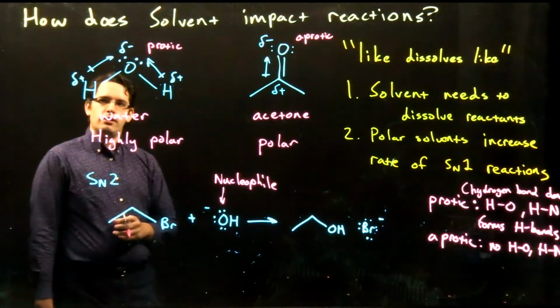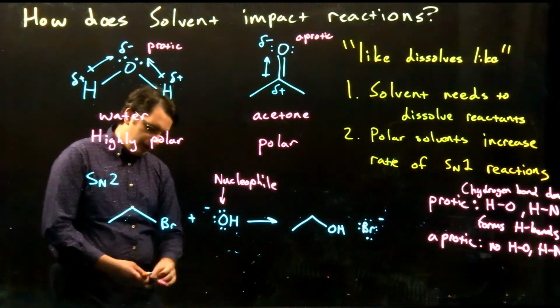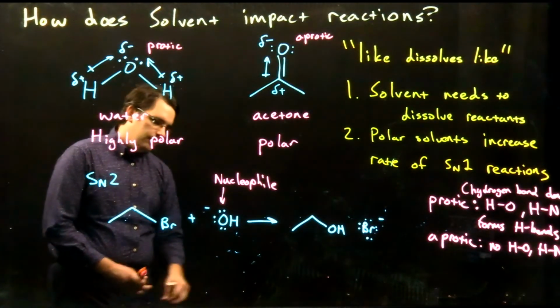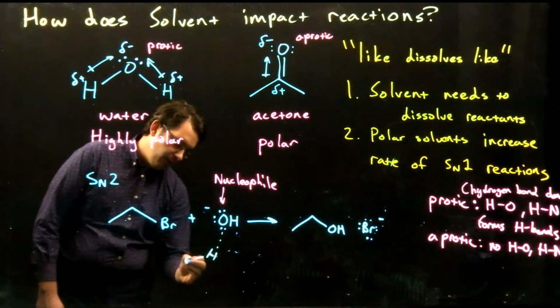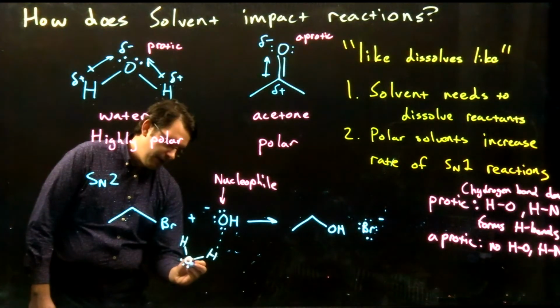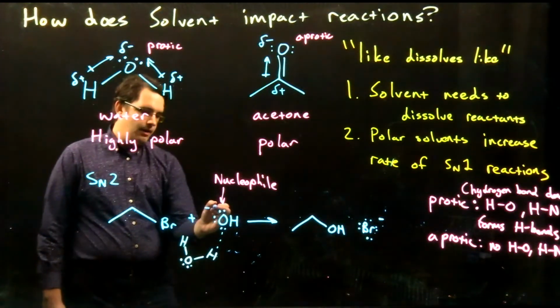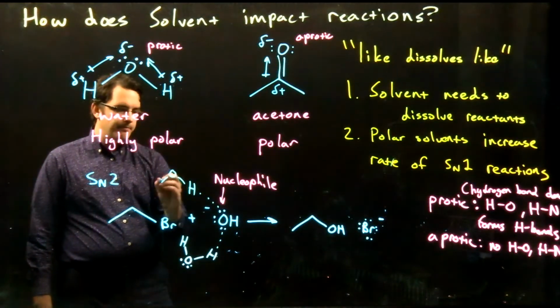Right? So in this case, our nucleophile is this hydroxide ion, and that negatively charged hydroxide ion is going to love to form hydrogen bonds with our nearby water molecules if we're doing this in our protic water solvent. So it's going to be forming lots of hydrogen bonds.